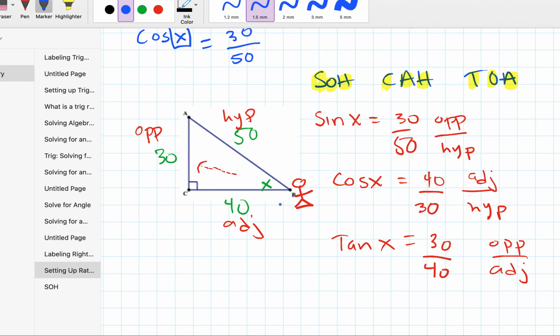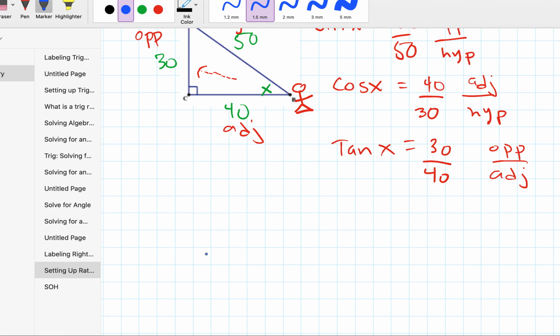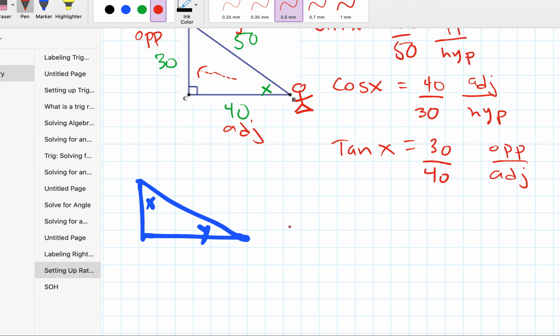One thing to notice is when we stood down here, the opposite was 30. So it was on top for tangent. When we were standing on angle A, the 40 was opposite. So another side note is that if you take this triangle and you have x and y, what's interesting is sine of y would be the same as cosine of x.